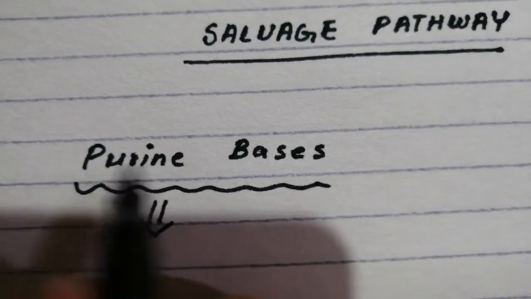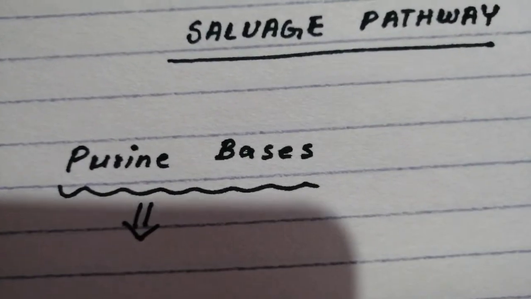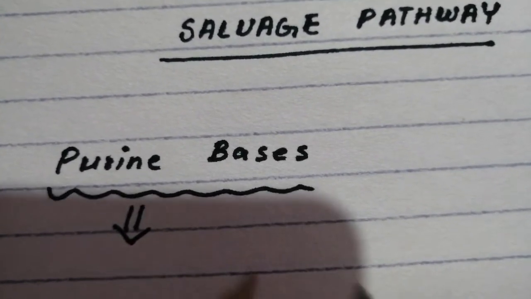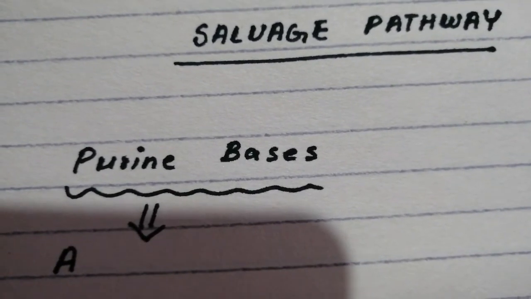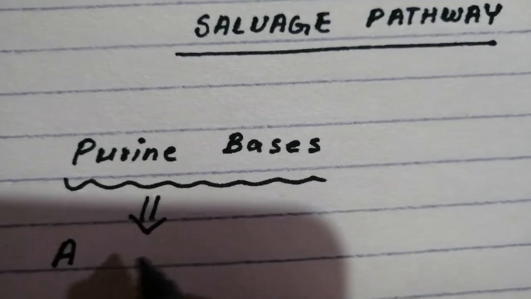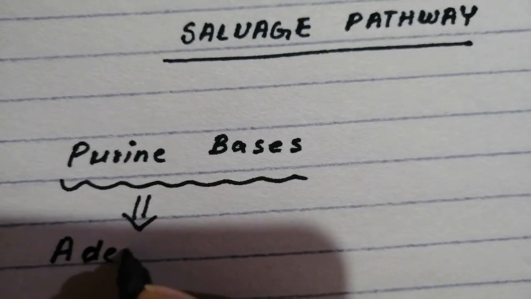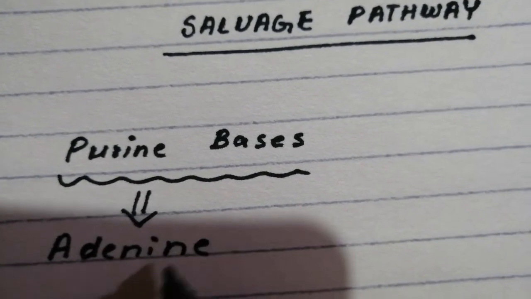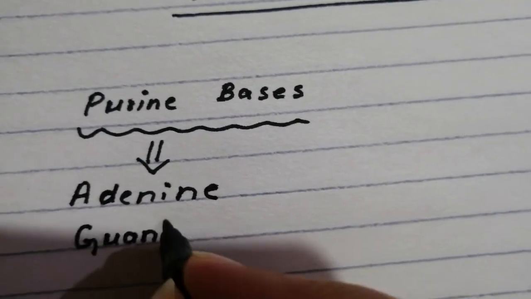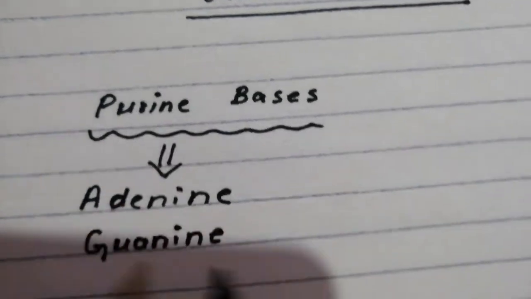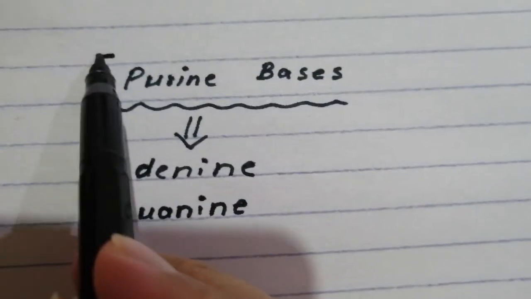In the human body, in case of the ribonucleotides, and even in the case of the deoxyribonucleotides, we have two purine bases, adenine and guanine, right? That's basically for the bases.